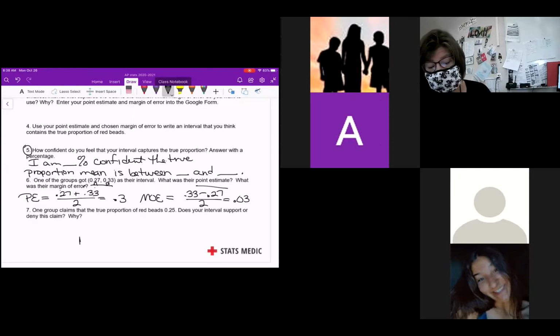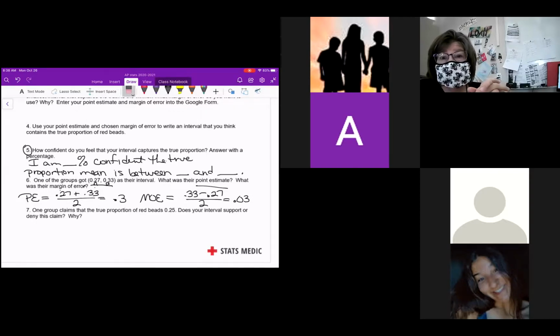And this is just how confident were you? How do you find the percent from your margin of error? It involves using a percent value from a table, and we will talk about those a little bit later.